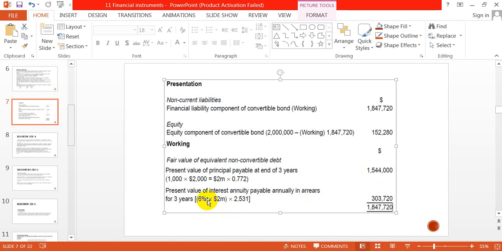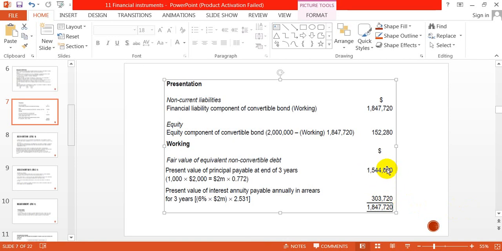Then we compute the interest over 3 years, discount the interests using the higher cumulative for the higher rate to give us a total of 303,720.